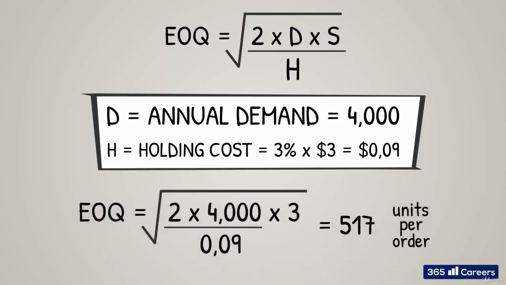When we substitute these numbers into the formula, we obtain the square root of 2 times 4,000 multiplied by the cost of purchasing $3 divided by 9 cents, which is our holding cost. And the actual result we obtained from this calculation is 516.4. Let's say 517 units.